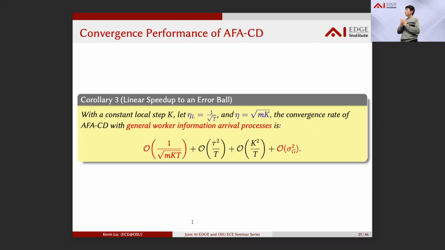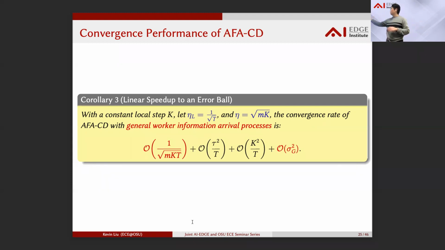Basically, what this corollary is saying is that if these clients are not that anarchic, in the sense that they can agree on the K and on some local learning rate, and of course the global learning rate is determined by the server, it's pretty easy. Let's say they can agree on these things.